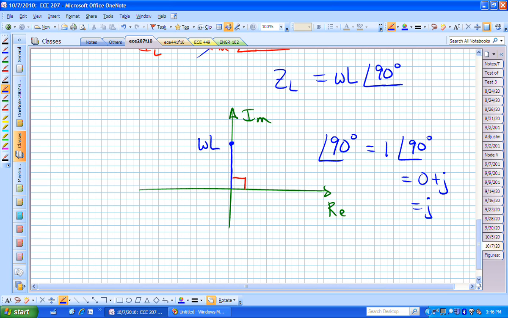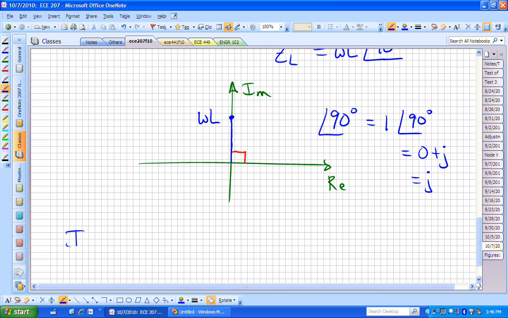Meaning, instead of writing Z sub L as omega L at 90 degrees, you might see it written as Z sub L equal j omega L.